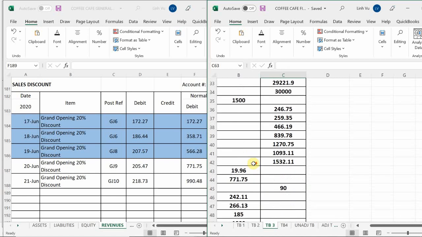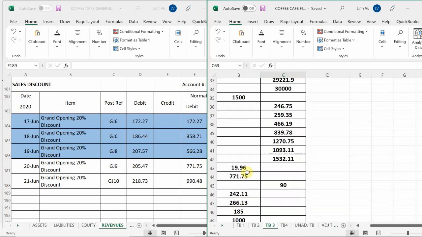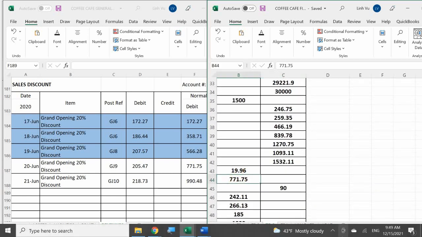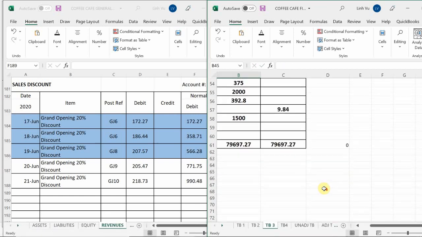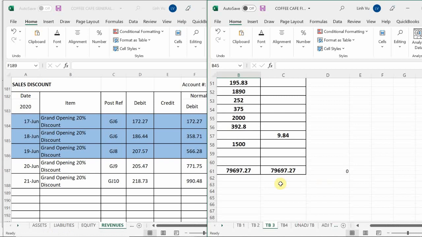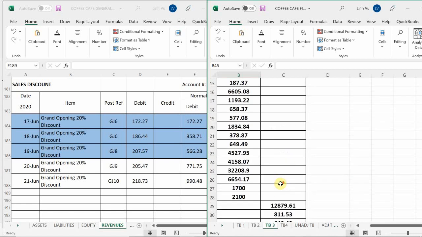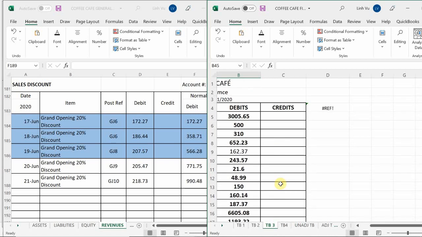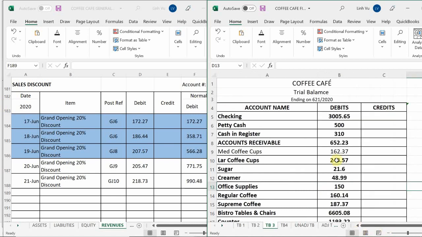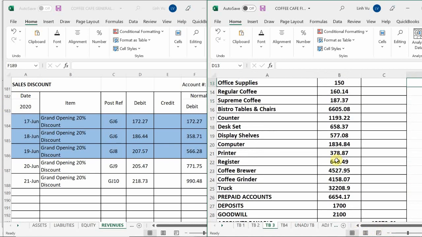Ledger for sales discount, which is this one, to be $990.48. And then now we are even at $79,697.27. All right. And now we finally finished, because now everything in the rest of our journal is good.